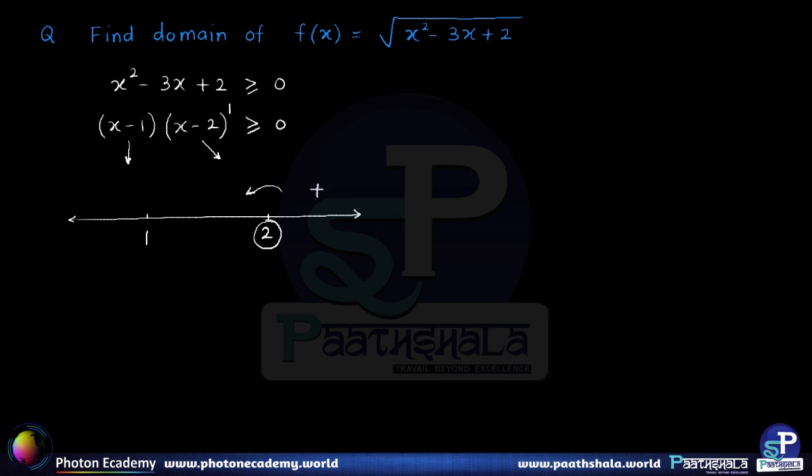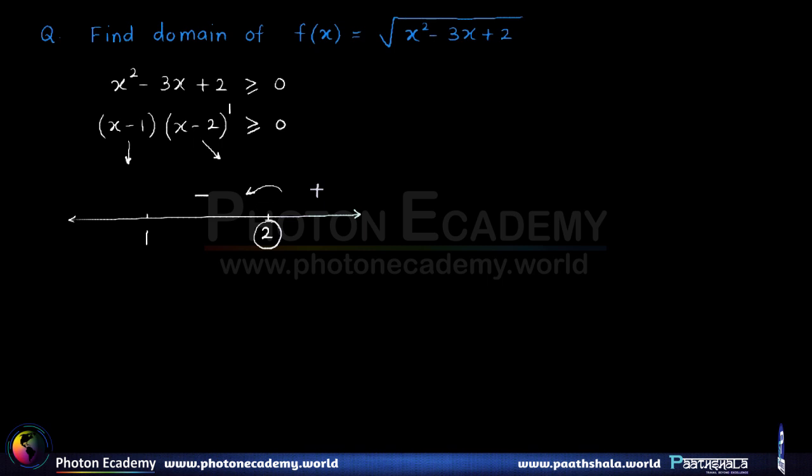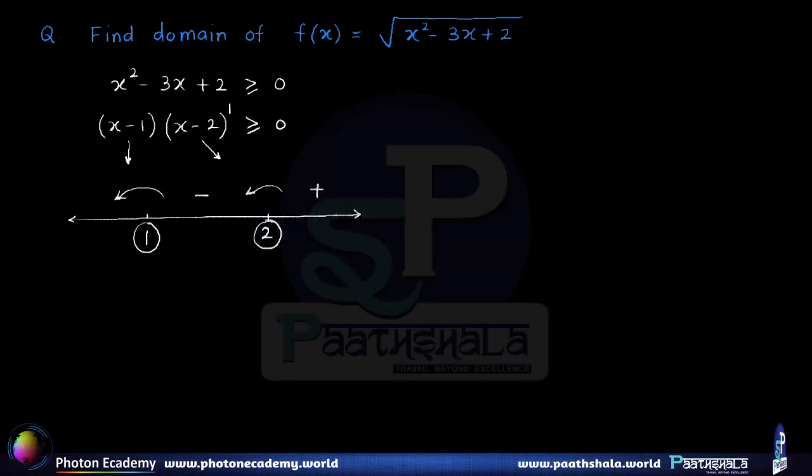Here we have just x minus 2, that means it has power 1. And if the power is an odd number, which is the case here, then we invert the sign we wrote previously. Initially we wrote plus, therefore after crossing the value of 2, we write minus.